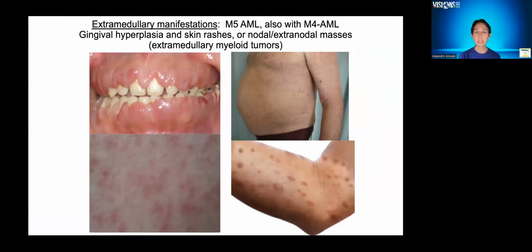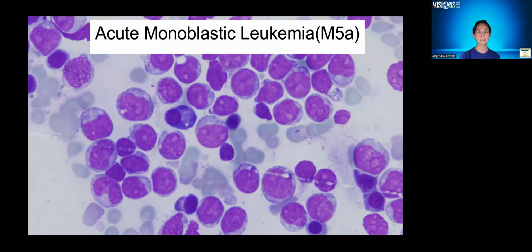And of course, clinical features would be helpful in the diagnosis of M5 AML and even M4, because these patients would present with hyperplasia of the gingiva, skin rashes, and sometimes nodal enlargement or extranodal masses.